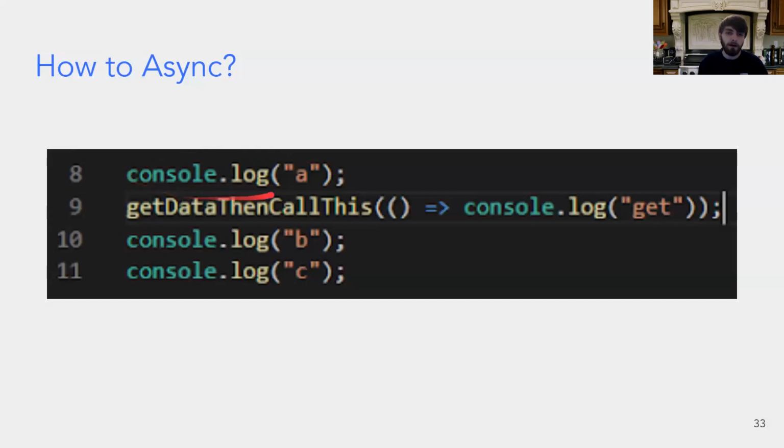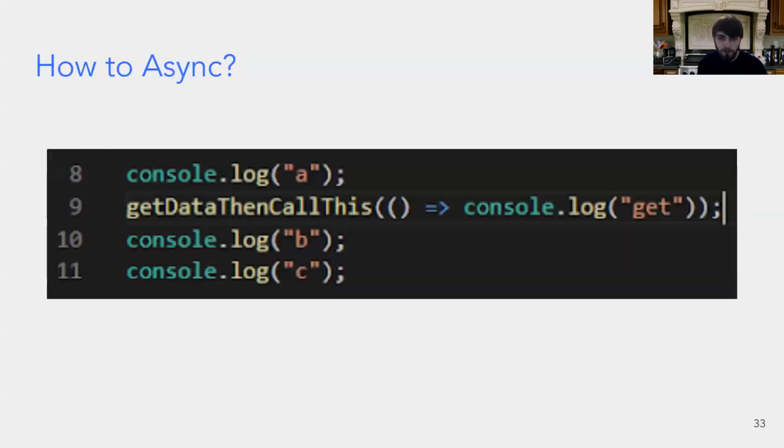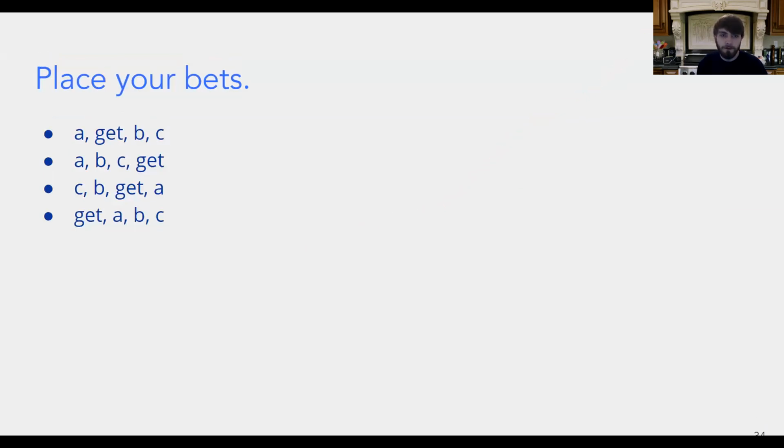Before and after it, I have some more synchronous things that just log A, B, and C. And so what I want you to do is place your bets on the exact order that these 4 things get called. Zoom chat, spam me now. What's your bet? Is it going to be A, get request, B, C, or ABC get, or CB get A, or get ABCs? Come on, somebody spam me in Zoom chat.